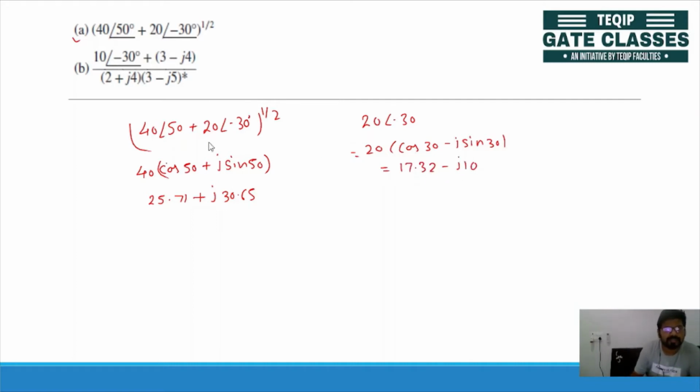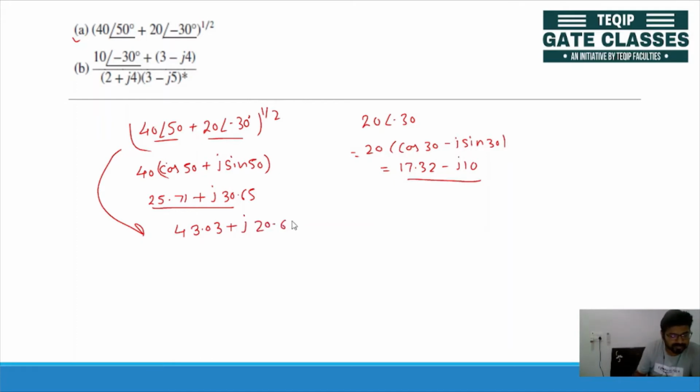Then we have to add these numbers, this one and this one. So finally we'll have the addition 43.03 plus j 20.64. Then again we can convert it into polar form.